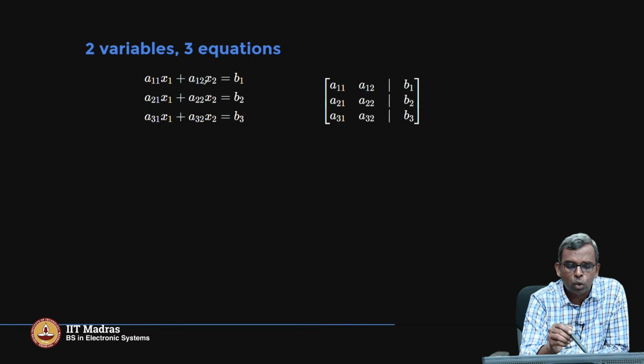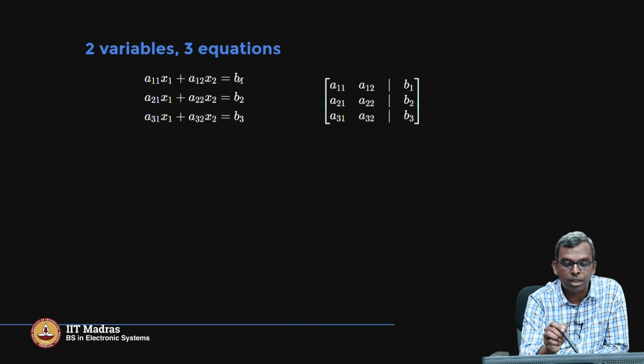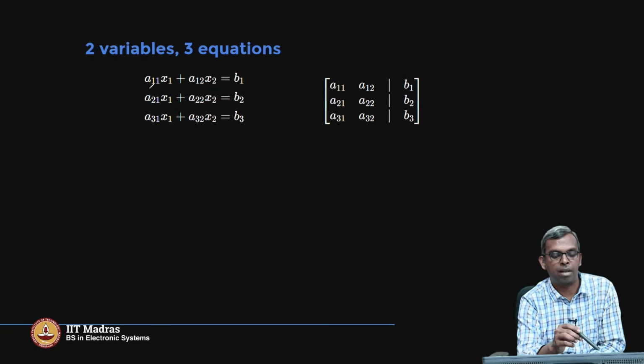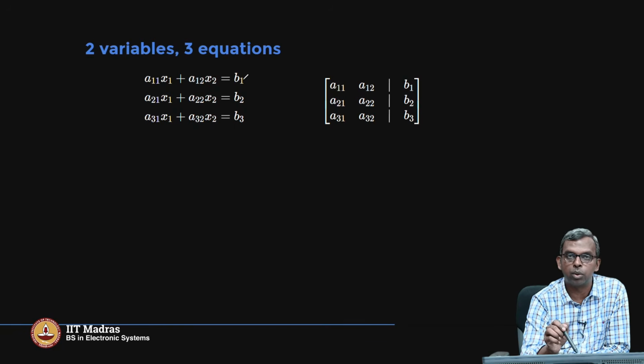Notice what I've done with the coefficients. I've done something a little bit more careful here. The coefficients I've written down for the first equation are a11, a12, b1, right? So a11 multiplies x1, a12 multiplies x2, and then b1 is on the right hand side. Okay, so I have a11 x1 plus a12 x2 equals b1. Likewise, I have done here for a21 also, a21 x1 plus a22 x2 equals b2, and a31 x1 plus a32 x2 equals b3.